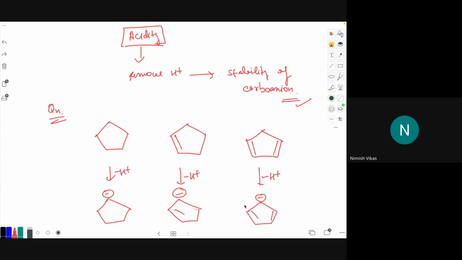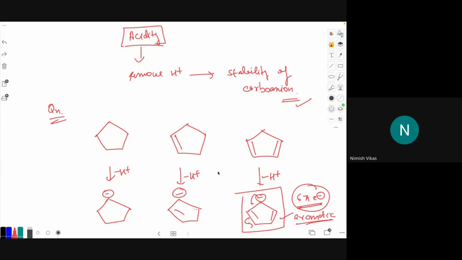Which is the more stable carbanion? This compound will undergo conjugation like this, and it has 6 pi electrons. So Huckel's rule, 4n plus 2 pi rule. It will obey Huckel's rule.